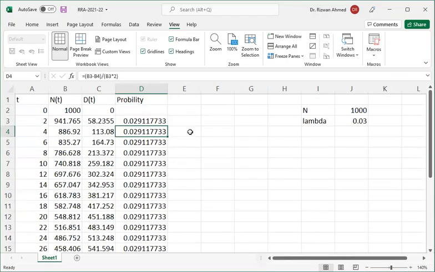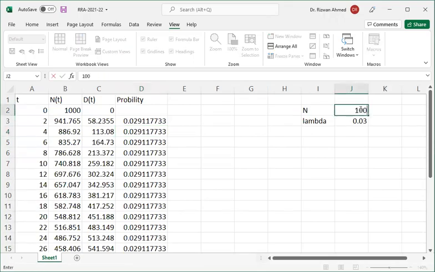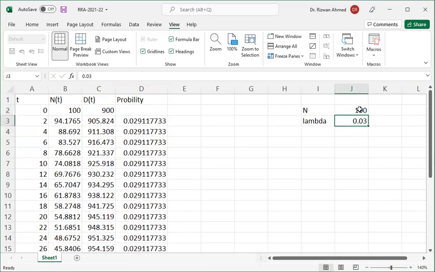The number is almost equal to 0.03. Let me change this number here to 100. Okay, so still there is no difference, right? So it is 0.03, the lambda value, right? So that is the decay probability. This is the decay constant, right?